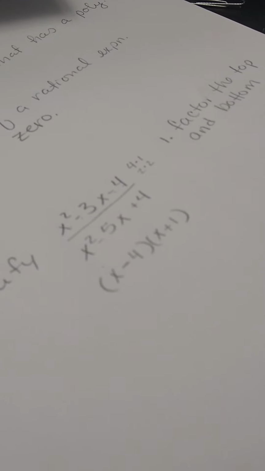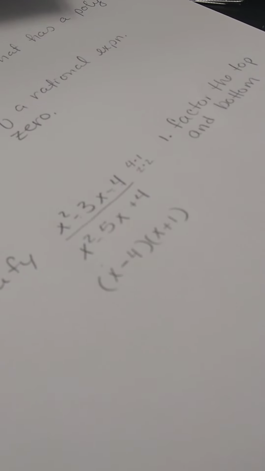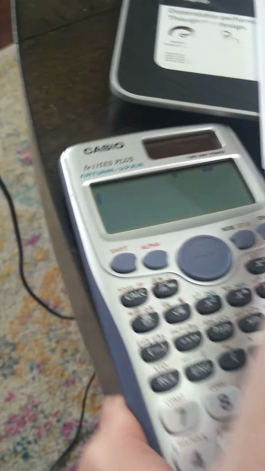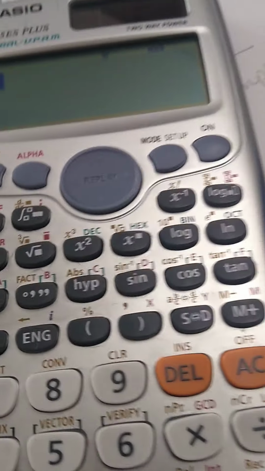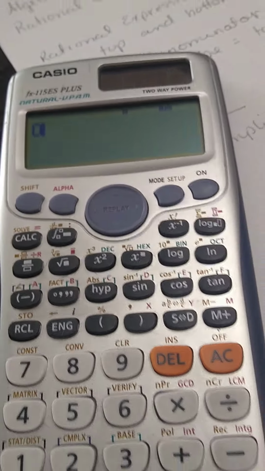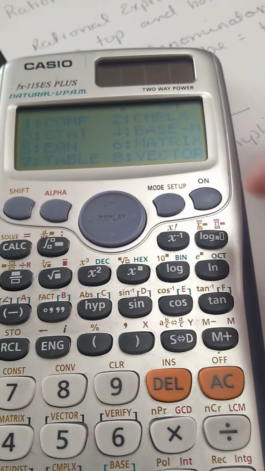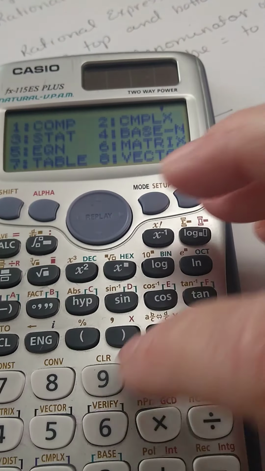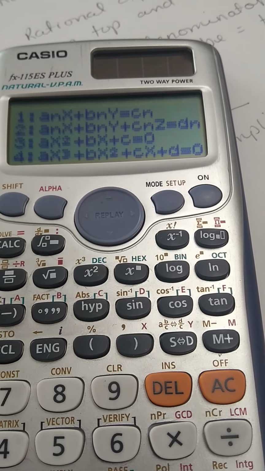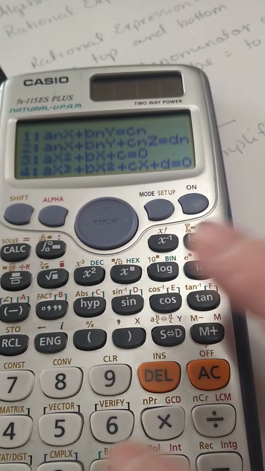If you don't remember how to do that, you can use your calculator, remember, okay? Let me show you how to do that right now. If you don't remember how to factor by FOIL, you can use your calculator. We're going to need to be in mode 5, number 3.